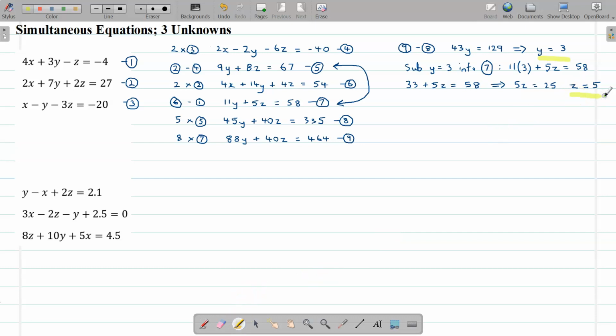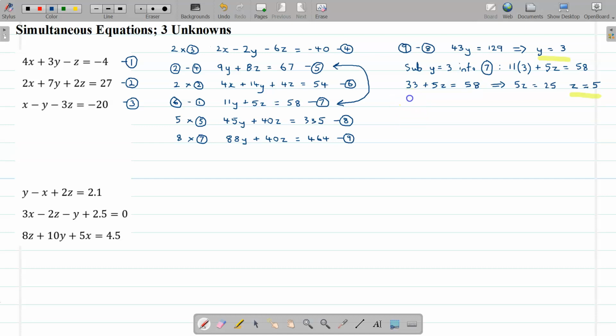And having got two letters now, all I need to do is take both of those and substitute them into one of the earlier equations. In fact, one of the originals, maybe this one here. So I can sub both of those into equation 3 to find the third unknown, which is x.